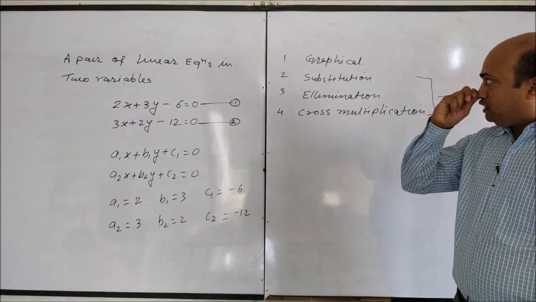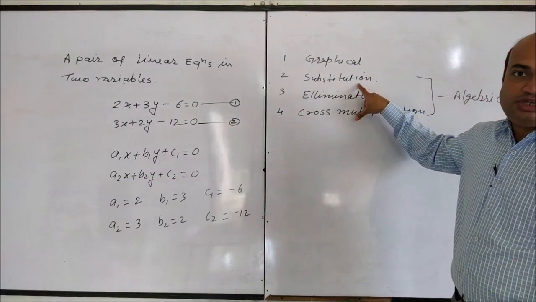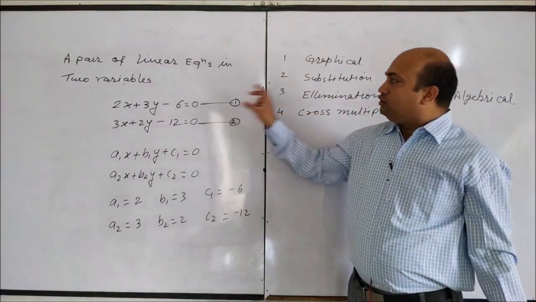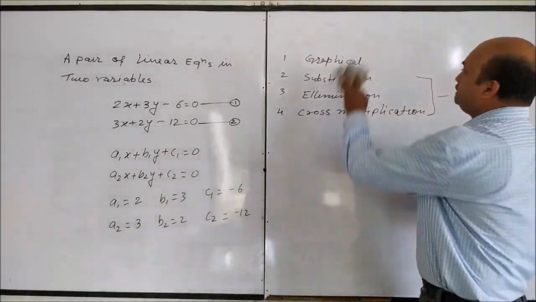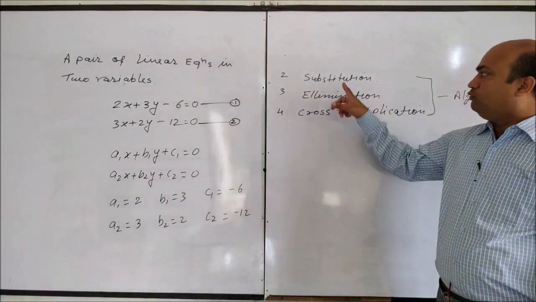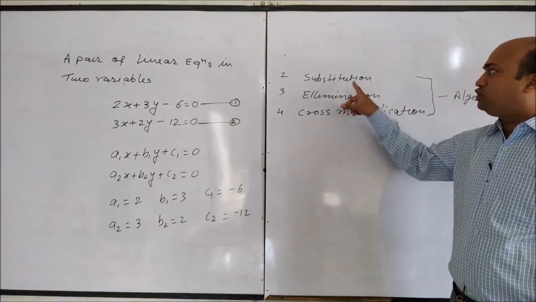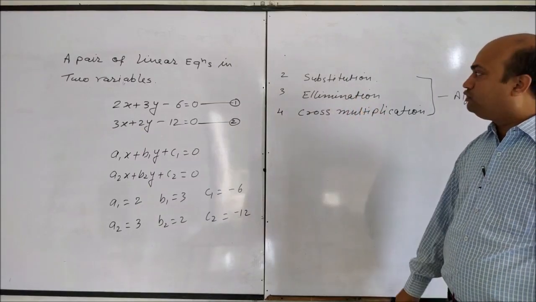About the graphical method we will talk later. Just now we will talk about these 3 methods: substitution, elimination and cross multiplication.